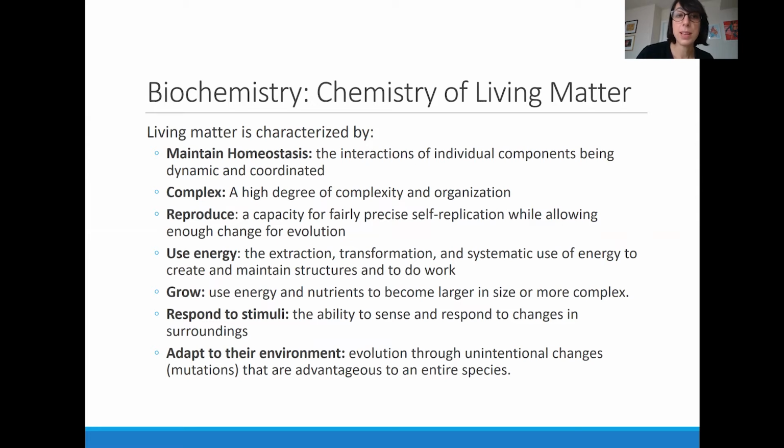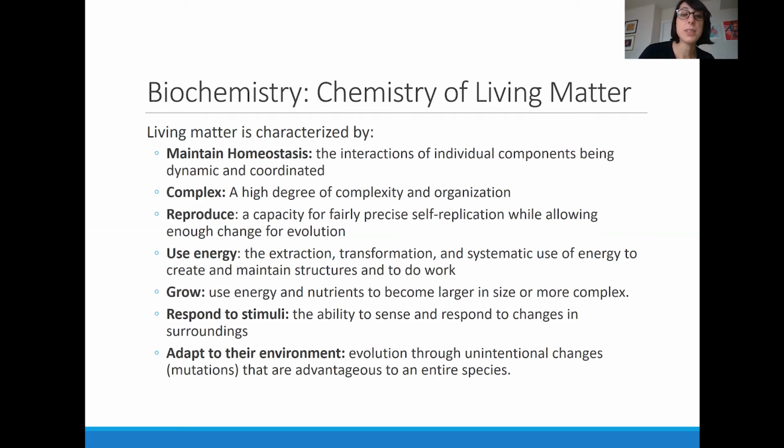It has to be complex. It has a high degree of complexity and organization, multiple organelles or multiple organs. It has to reproduce. So capacity for fairly precise self-replication while allowing enough change for evolution.